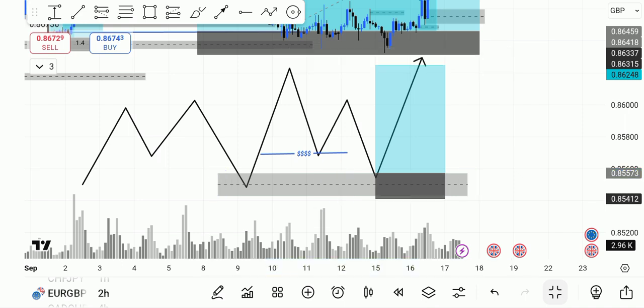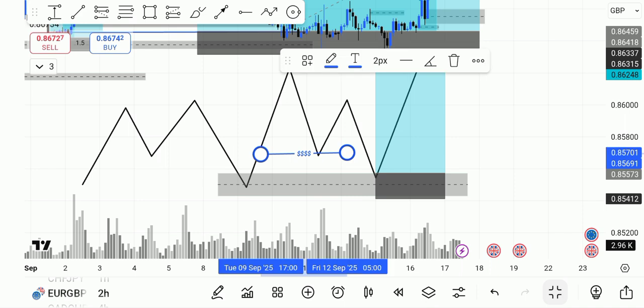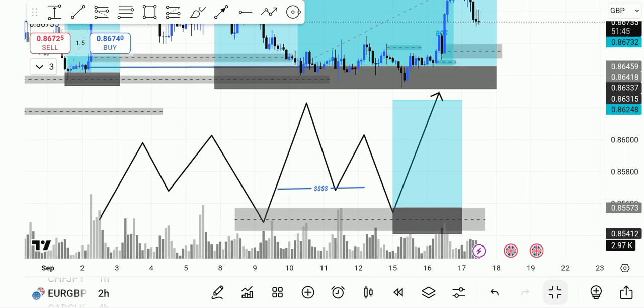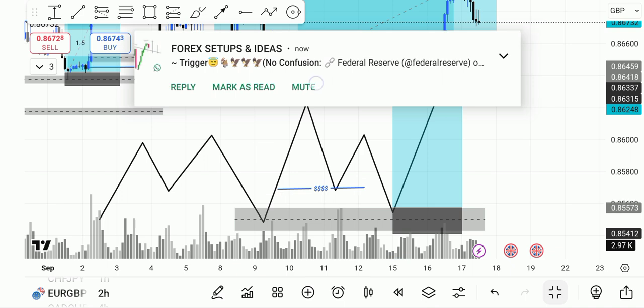Liquidity is simply double highs or double tops or trend line liquidity or anything before your order block. As long as your order block hasn't been mitigated, that area above or below it is always referred to as liquidity. So as you can see, there is a break of structure here.